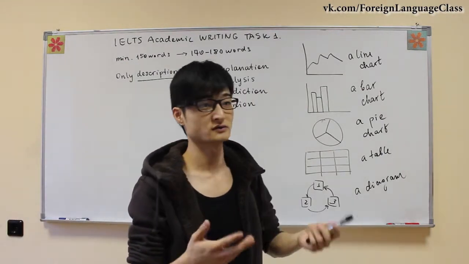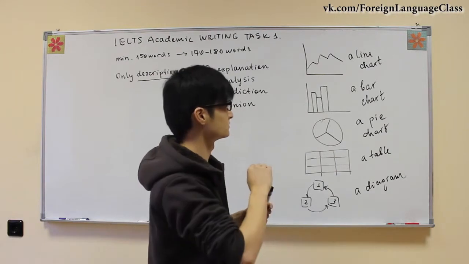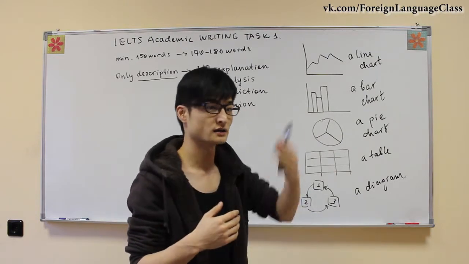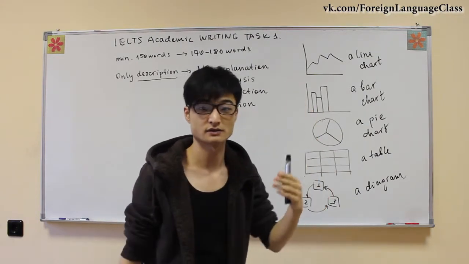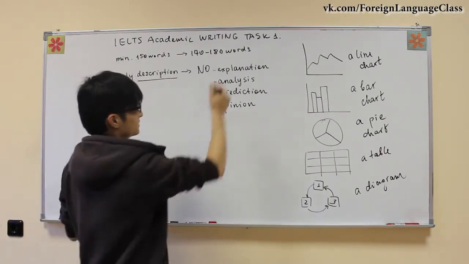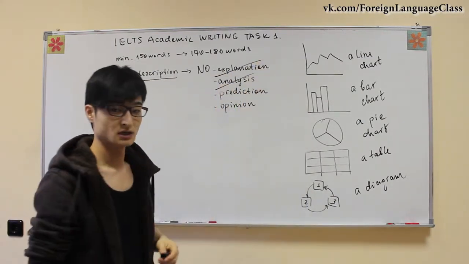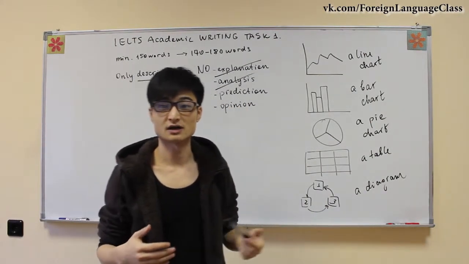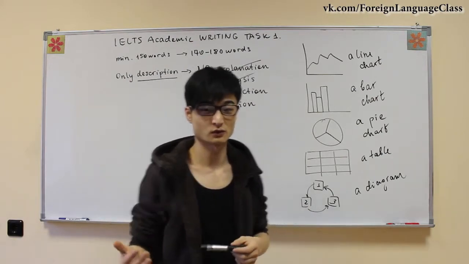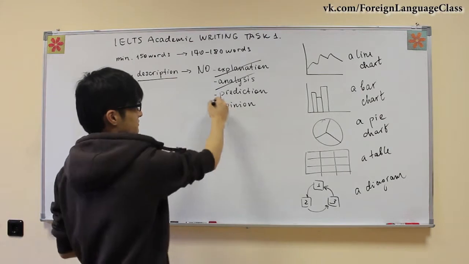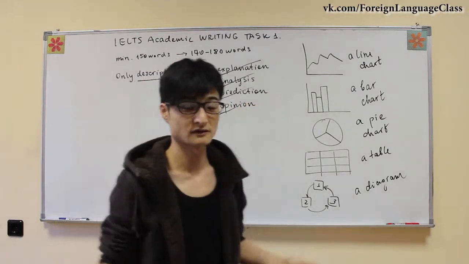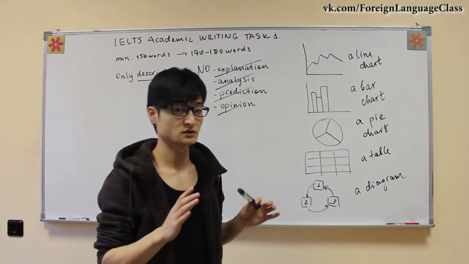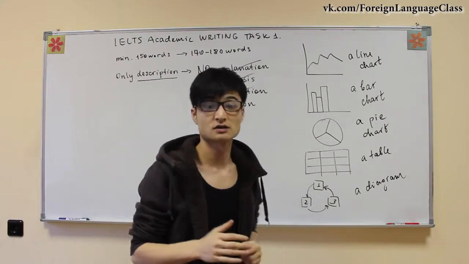For example, if you have two lines on the line chart, you don't have to analyze why one of them is going up and the other is going down. No analysis, no explanation. Of course, you don't have to write what will happen in future, outside the range. No prediction and no opinion. You just have to describe. Keep that in mind when writing Task 1.